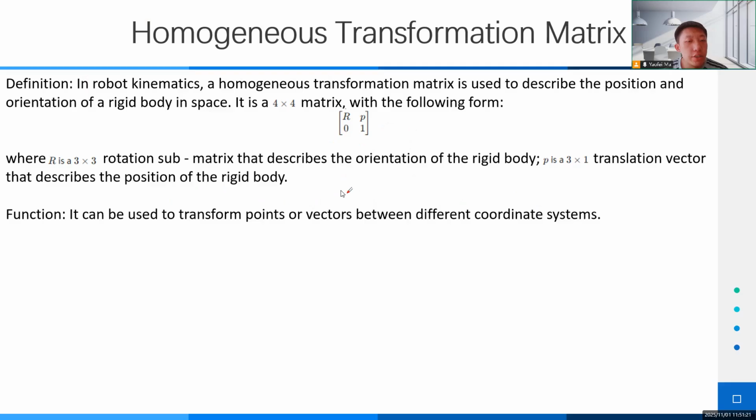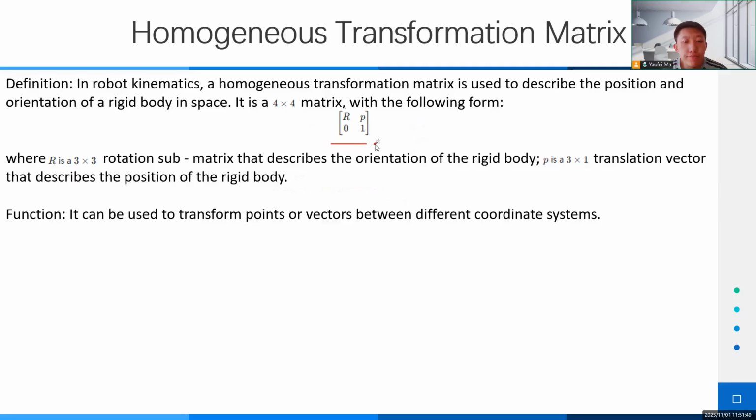Before calculation, let's review what a homogeneous transformation matrix is. In robot kinematics, we use it to describe where a rigid body is and how it is oriented. It's a 4 by 4 matrix with this form.